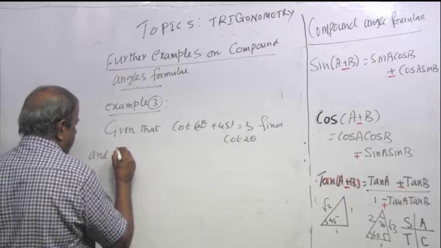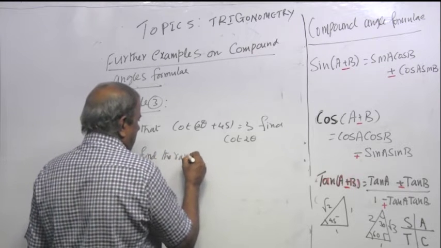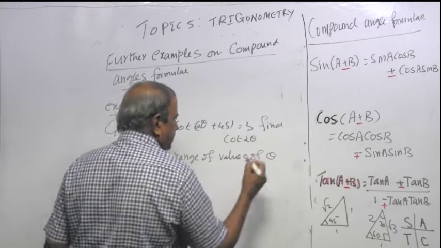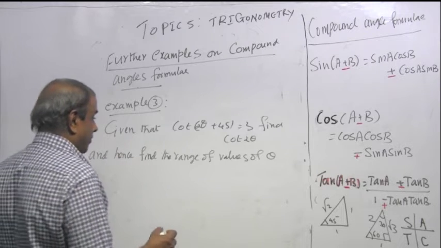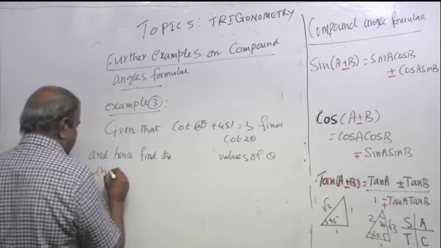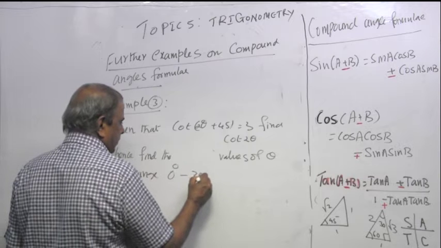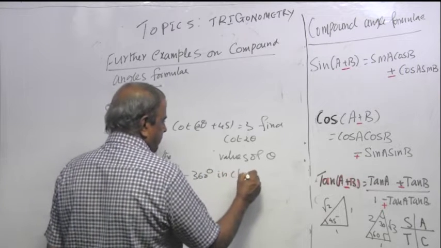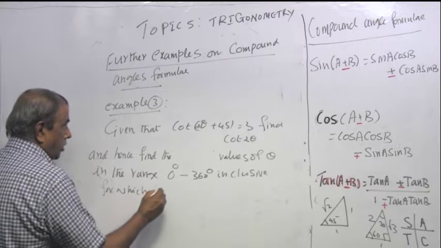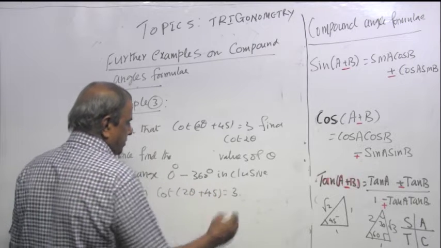And hence find the values of theta in the range 0 to 360 inclusive for which cot of 2 theta plus 45 equals 3.